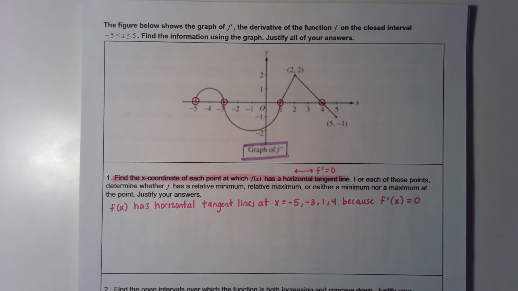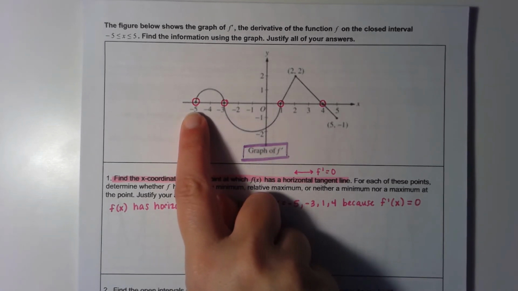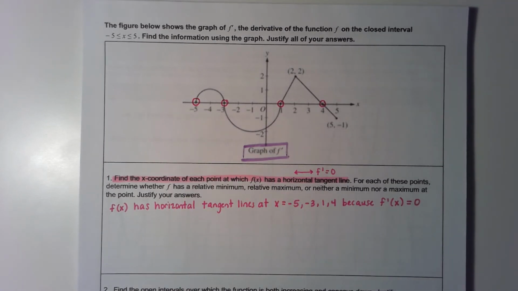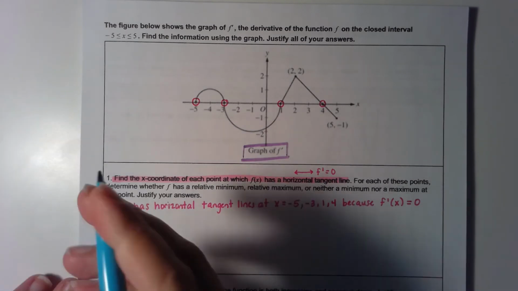Now, for each of those points, we need to know whether we have a relative minimum, maximum, or neither. For the point at -5, since that's an endpoint, we're going to have neither a relative min or a relative max, because relative maxes and mins cannot occur at endpoints.